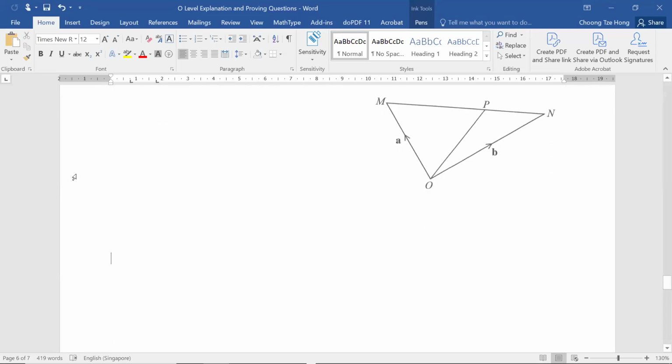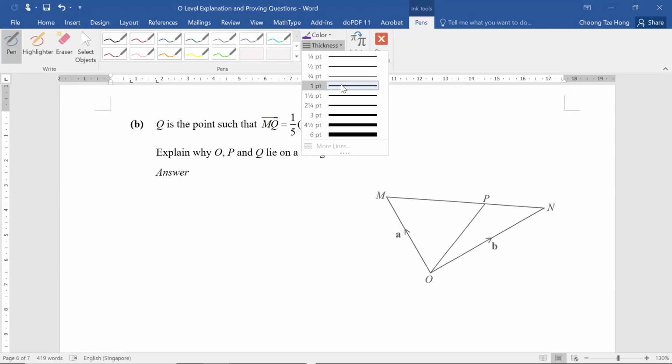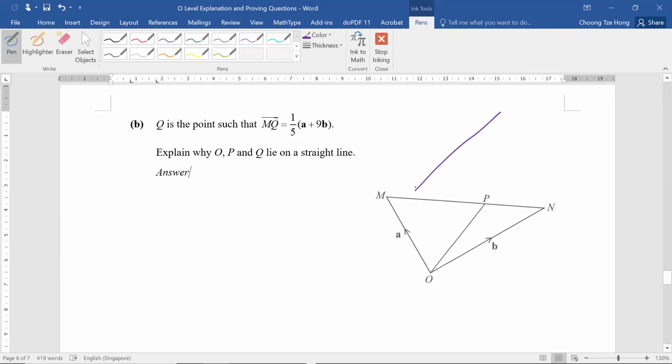Okay, so before we do this question, we need to understand what it means when 3 points lie on the same straight line. Just an example: if we have a straight line like this, and 3 points, let's say A here, B here, and then C here. How do we prove that A, B, and C lie on the same straight line?